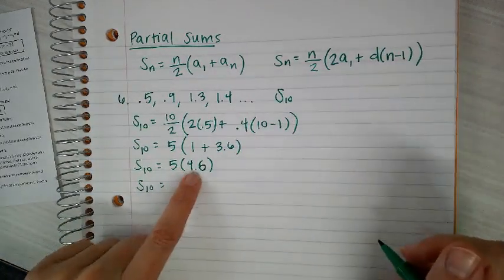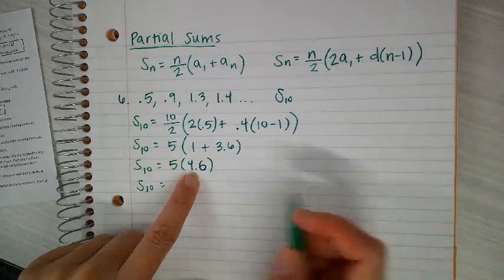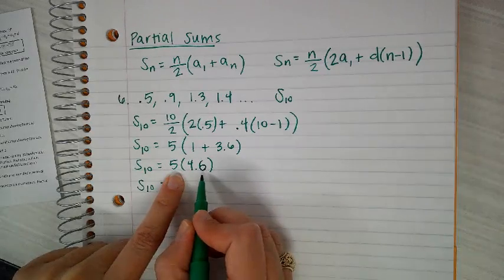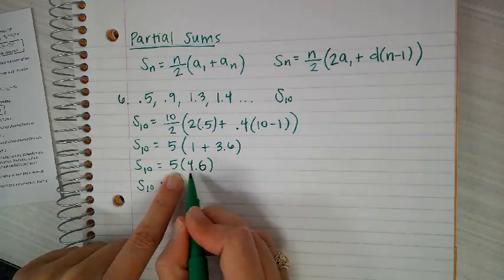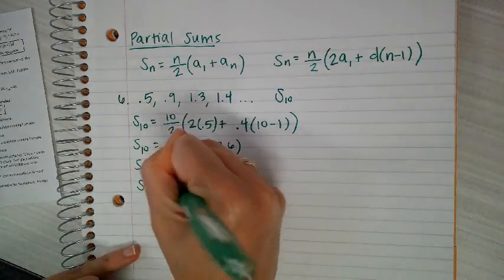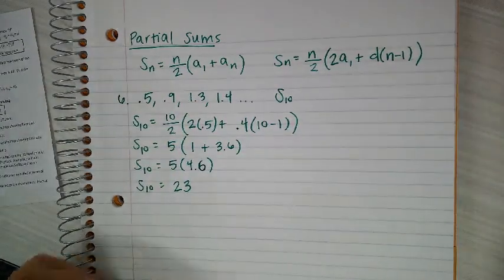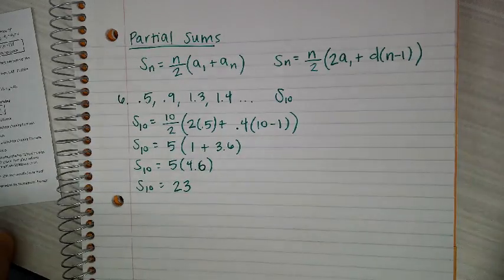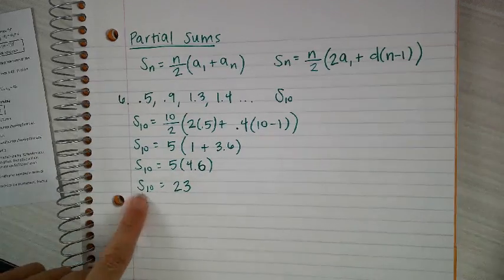Or we could do it, right? Because 5 times 4 is 20, and then 5 times 0.6 would be 3. So it should be 23. You can double check me, or we could work it out the long version. Okay, so the sum here is 23.